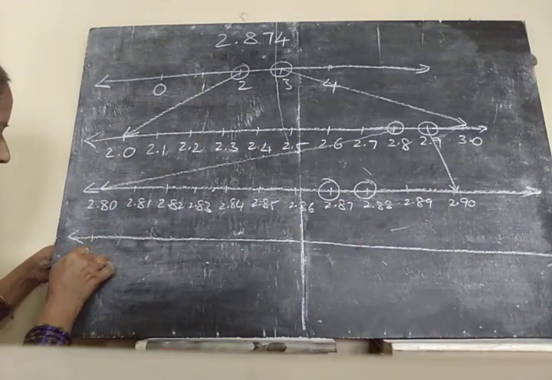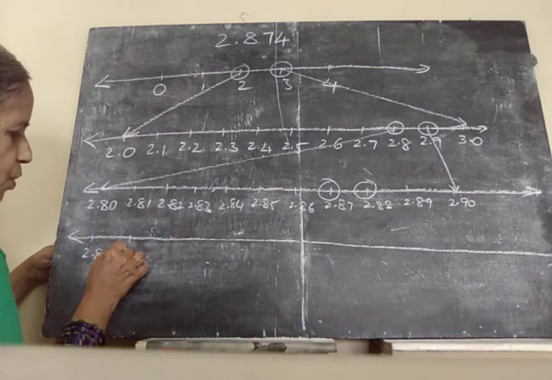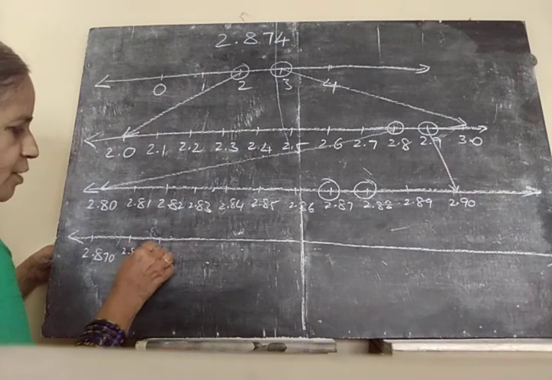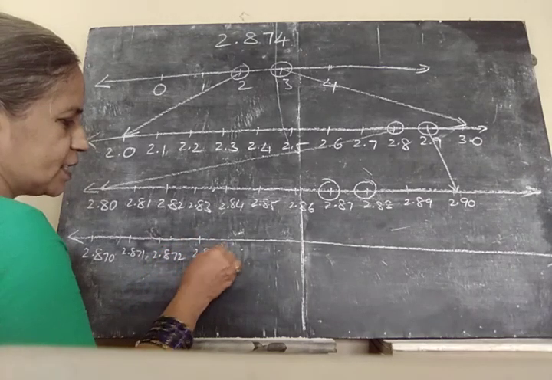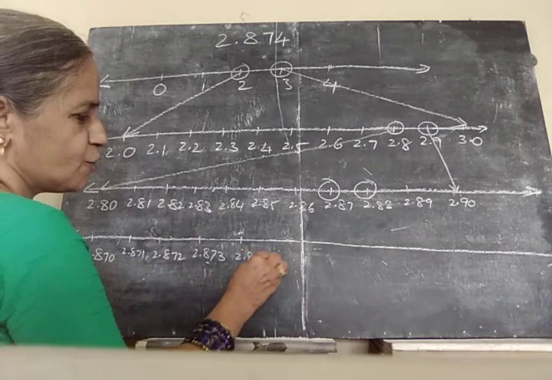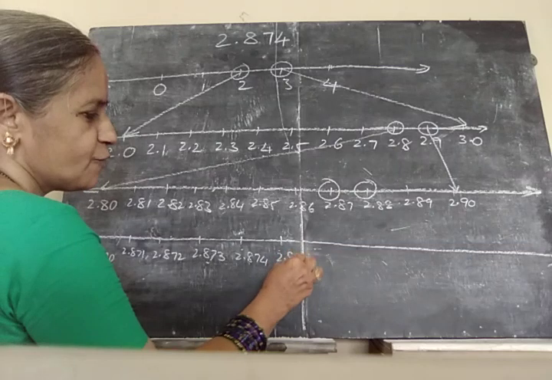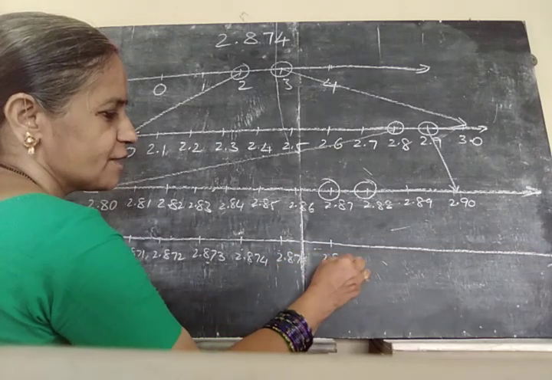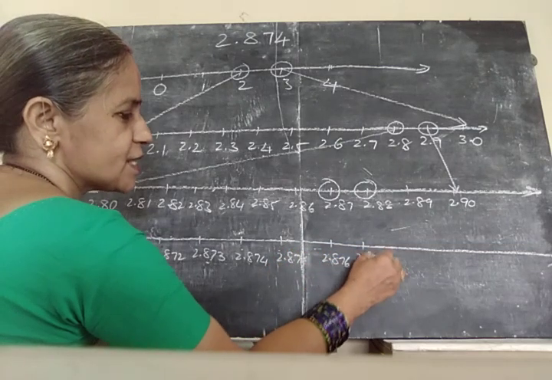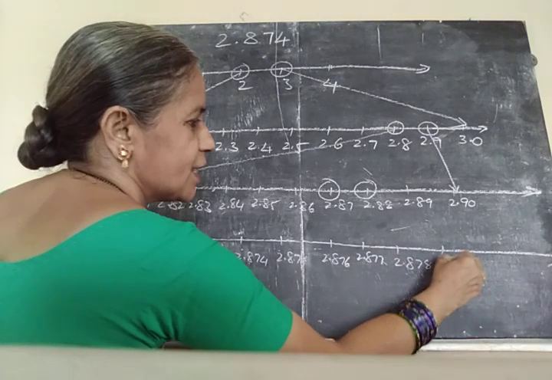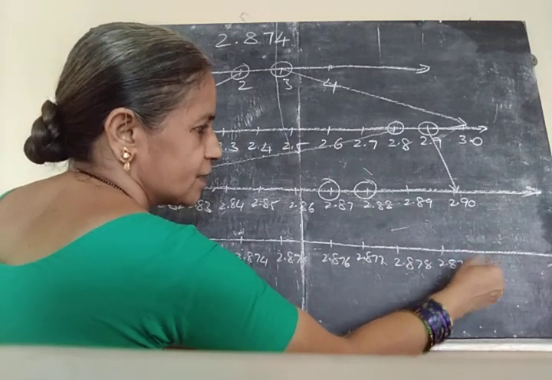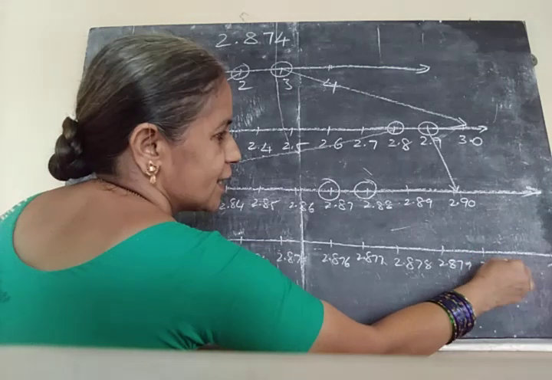2.870, 2.871, 2.872, 2.873, 2.874, 2.875, 2.876, 2.877, 2.878, 2.879, 2.88.